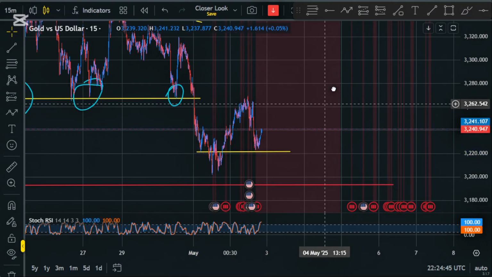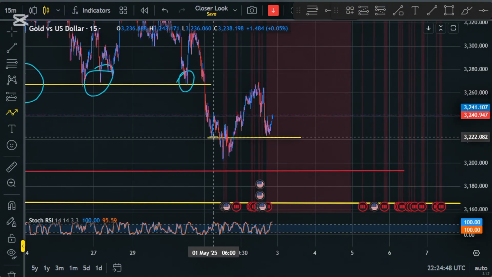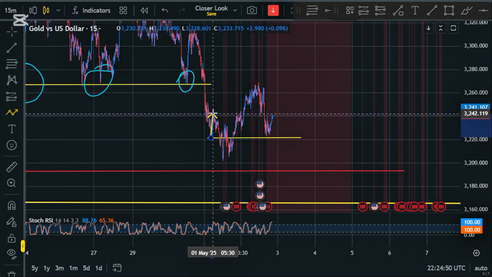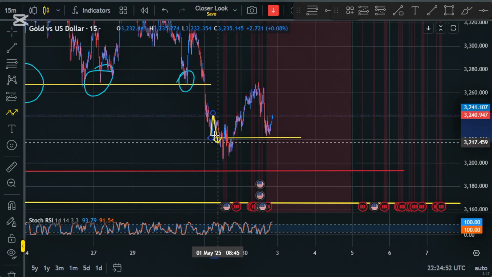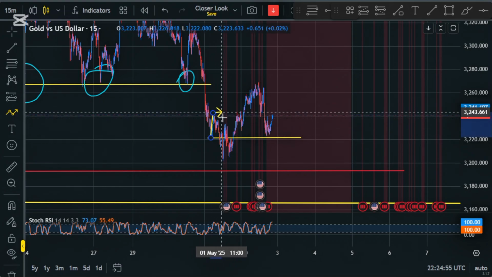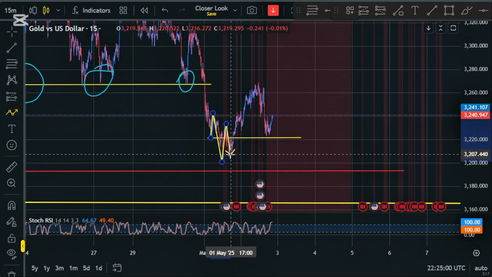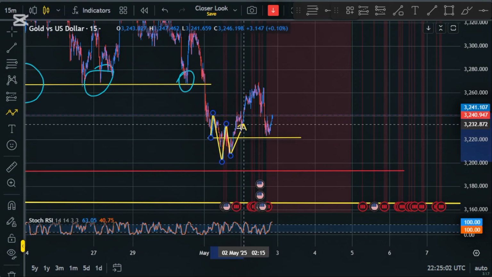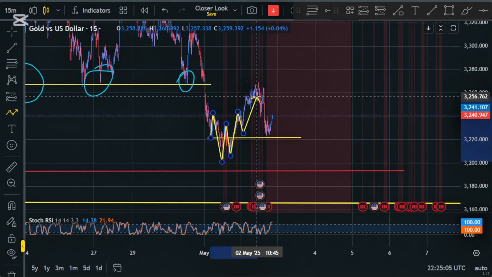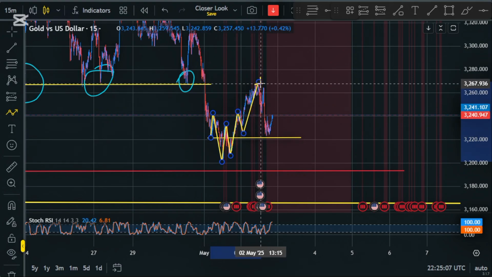Coming down again, we had structural liquidity built after this inducement. After this inducement, we had liquidity swept to the downside. Then we came up, and then we had structural liquidity. Then of course we now have a break to the upside.